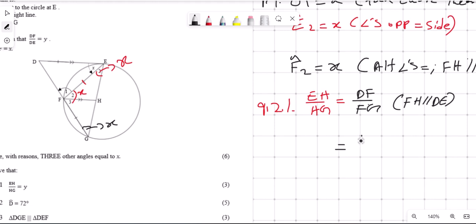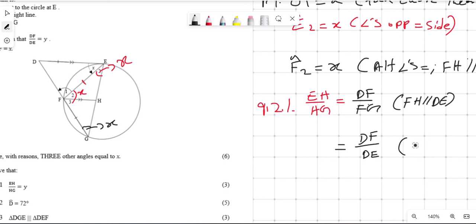Nothing we can change. But FG can be written as DE, because they're equal.